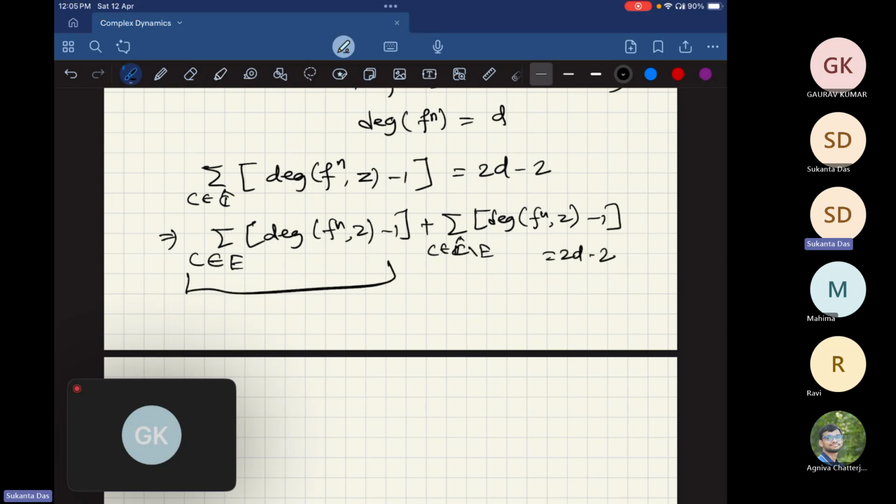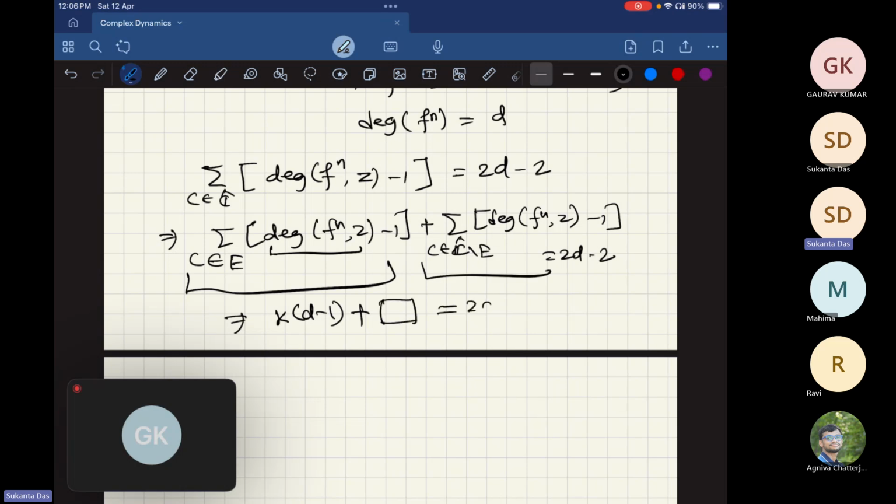And what is this expression? You see, what are the points in E? These are exceptional points. And what is the degree? The degree is d in this case, local degree. And how many points are there? I have taken k many points. So this is k into d minus 1 plus something. This expression stands for something, I don't know.